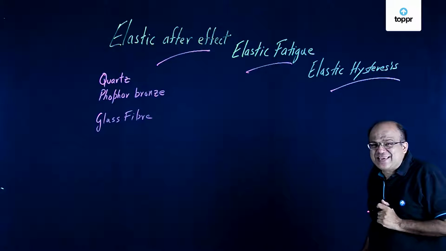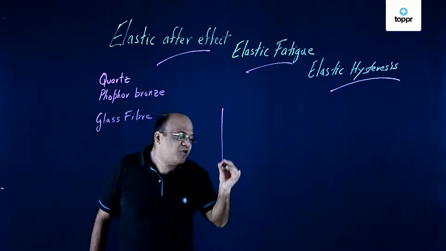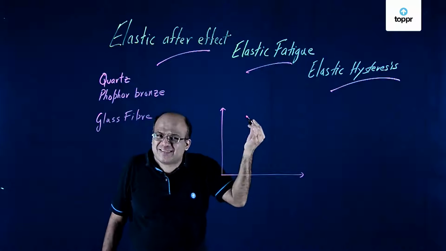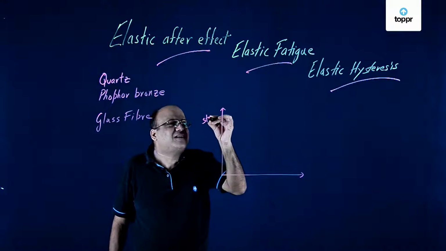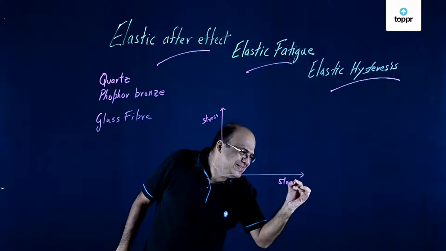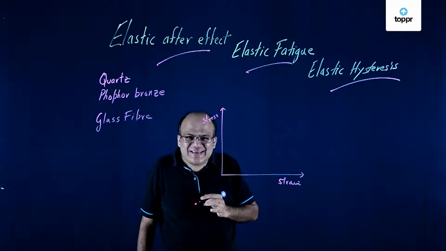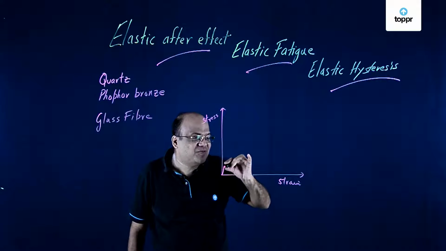What is elastic hysteresis? Suppose we make a graph of strain versus stress, or stress versus strain. Stress strain graph if you make. Then as we increase the strain or the stress, the graph goes like this.